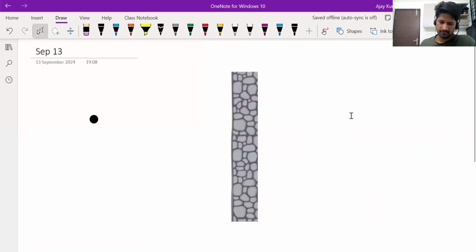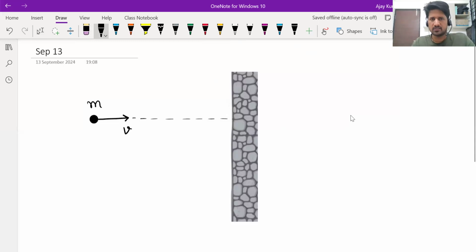consider this situation. Suppose there is a ball of mass m moving with a velocity v towards a wall. It strikes the wall perpendicular to it. Let's say it is going quite fast. You can ignore the effect of gravity and all. It strikes the wall. Now, usually when a ball strikes a wall, what happens?